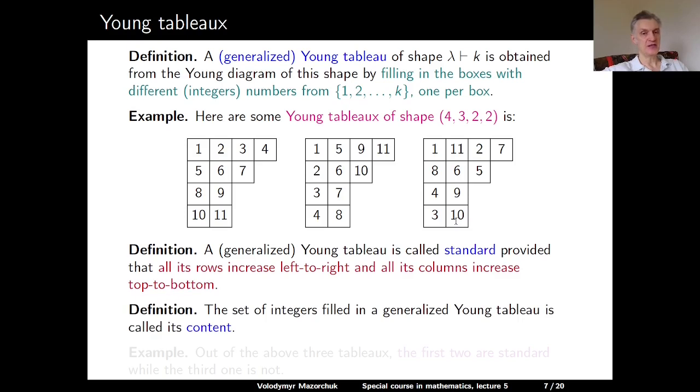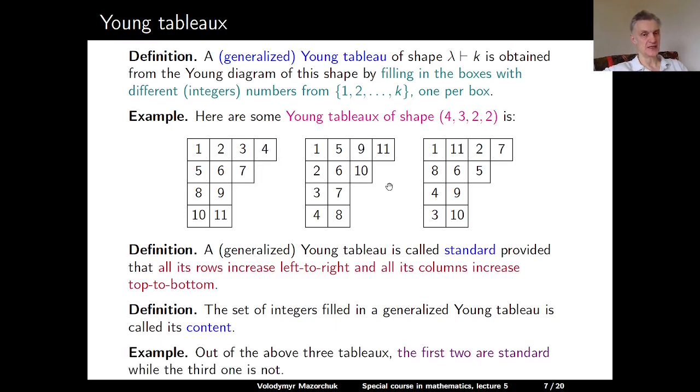The set of integers filled in a Young tableau or in a generalized Young tableau is usually called the content. So the content of a Young tableau is always the set of all integers between 1 and the size of the tableau, the number of boxes. For a generalized Young tableau, it's arbitrary. In our example, we had 3 Young tableaux of shape 4, 3, 2, 2.